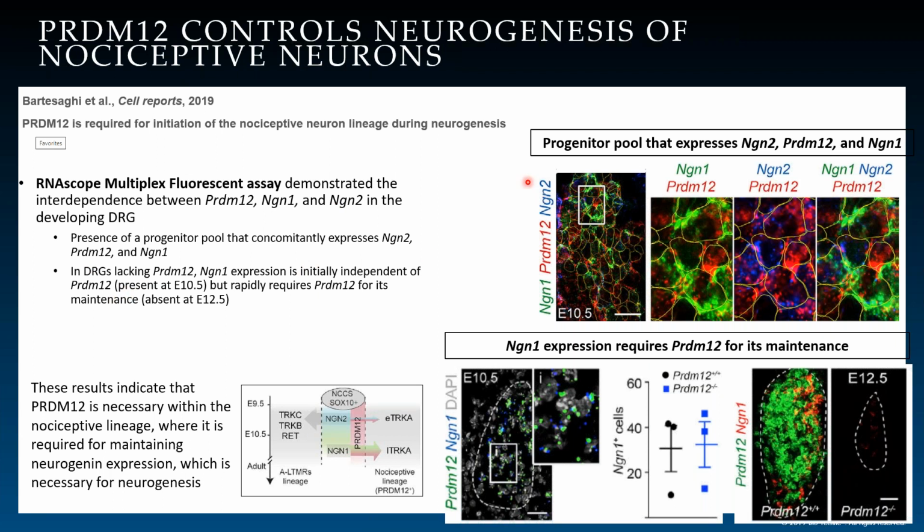As you can see here, all three targets are co-expressed in this particular embryonic brain section, demonstrating the nociceptive neurons co-express all these targets. And upon knockdown of PRDM12, what they were able to show is that the expression of neurogenin 1 and 2 is lost in the absence of PRDM12, highlighting the role of this target in neurogenesis and homeostasis of nociceptive neurons.